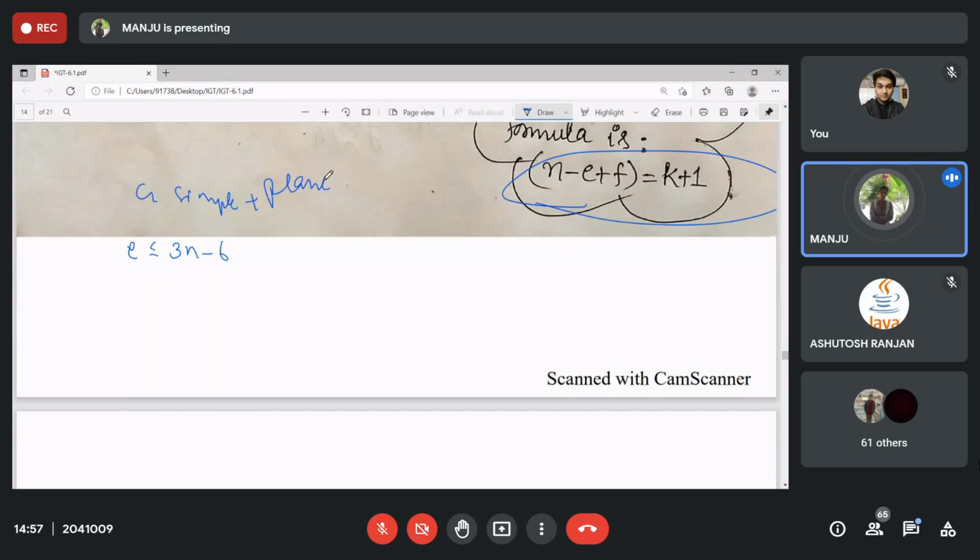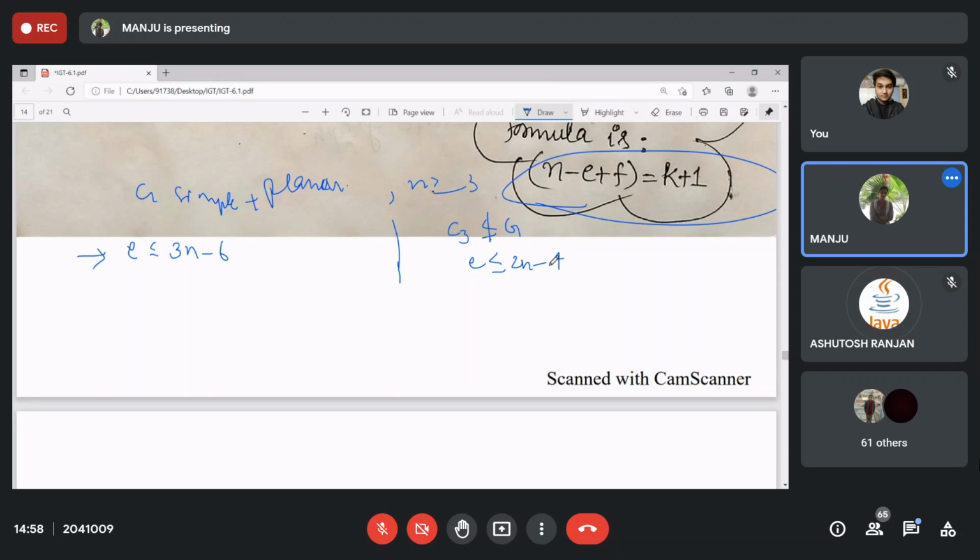And N at least 3. Okay, then you can have this one. And if I add one more thing, simple, planar, N at least 3, without C3, that is, it is triangle free, C3 is not a subgraph of G, then what can you say about G? That is the E and N relation: E will be at most 2n minus 4. Understood?